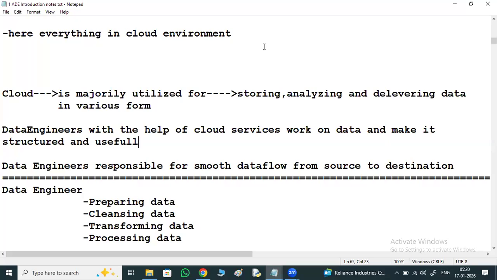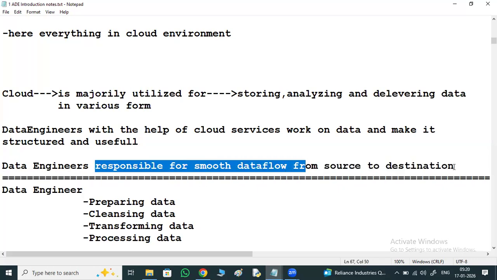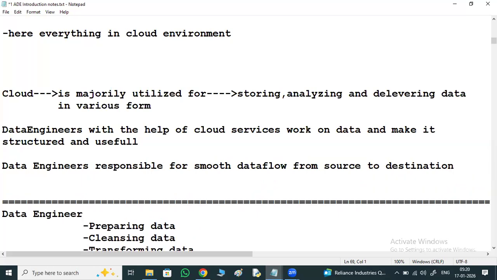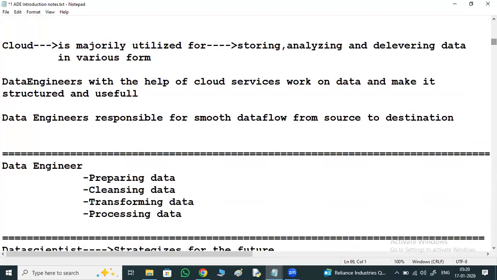Data engineers are responsible for smooth data flow from source to destination. A data engineer is responsible for preparation of data, cleansing or filtering data, transforming data, and processing data.